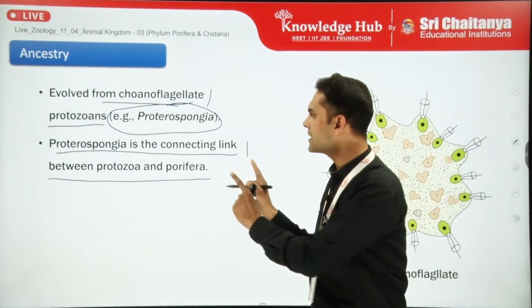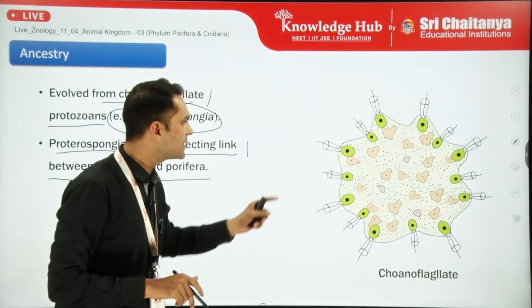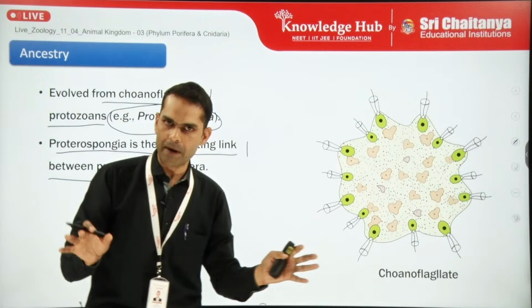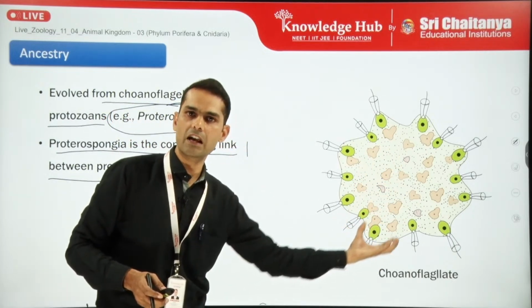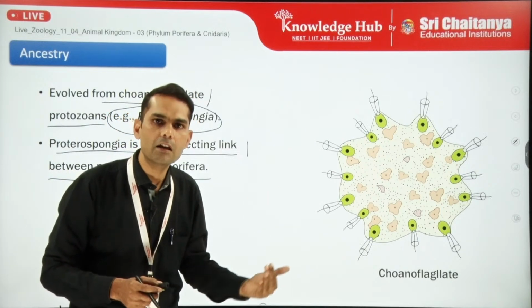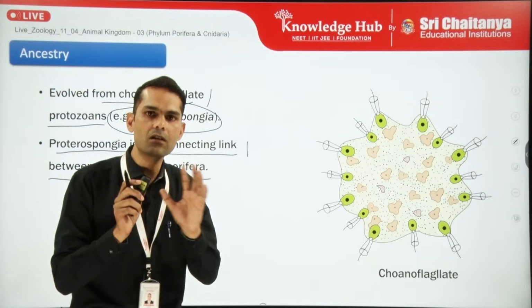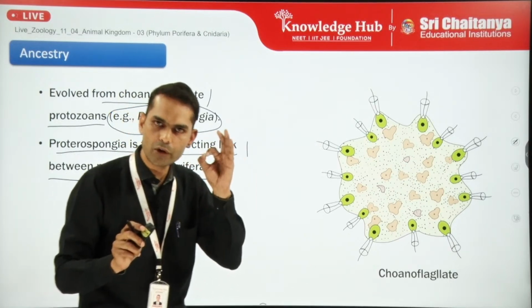But in the case of Proterospongia, you can see in this diagram that the cells are totally independent, but they live in a group or in a colonial form. In this way, they behave as a multicellular form, although they are not strictly multicellular in nature. So this we have to keep in mind.